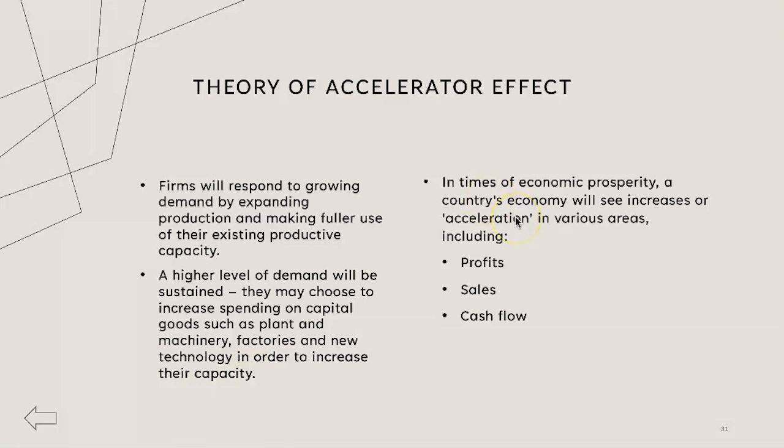In terms of economic prosperity, a country's economy will see increases or acceleration in various areas, termasuk profit. So ini dia akan nampak, the companies akan nampak there's a profit in this. Sales pun akan increase and the cash flow akan increase.